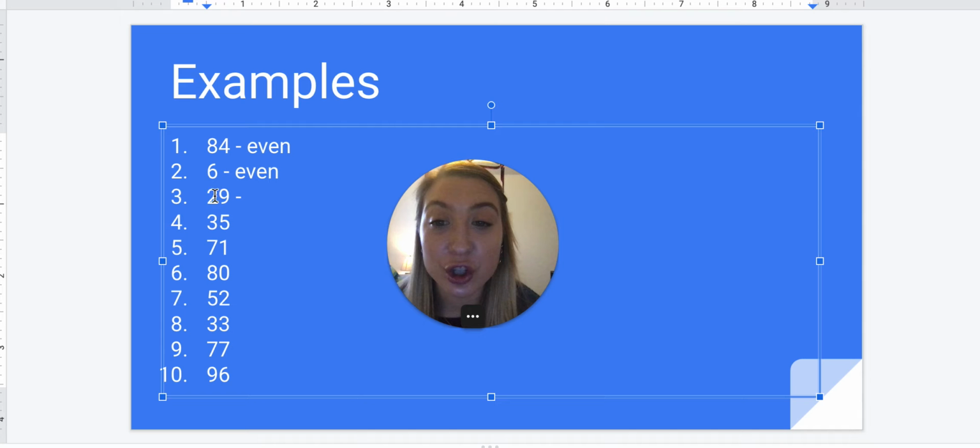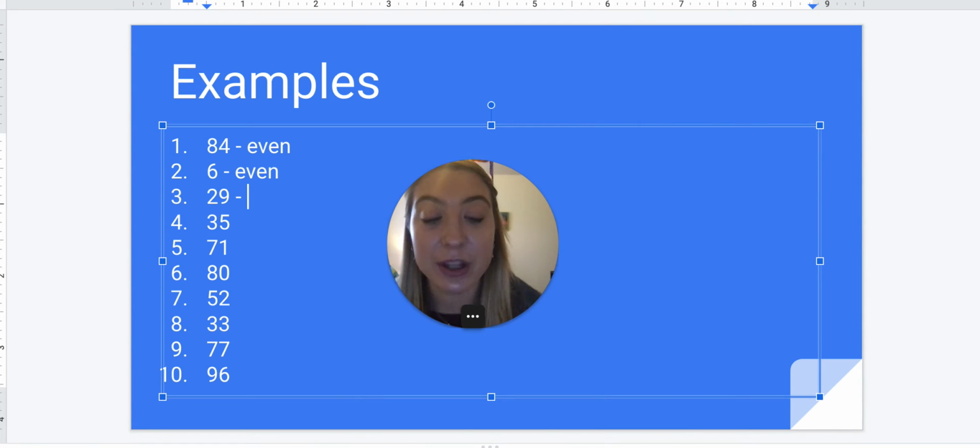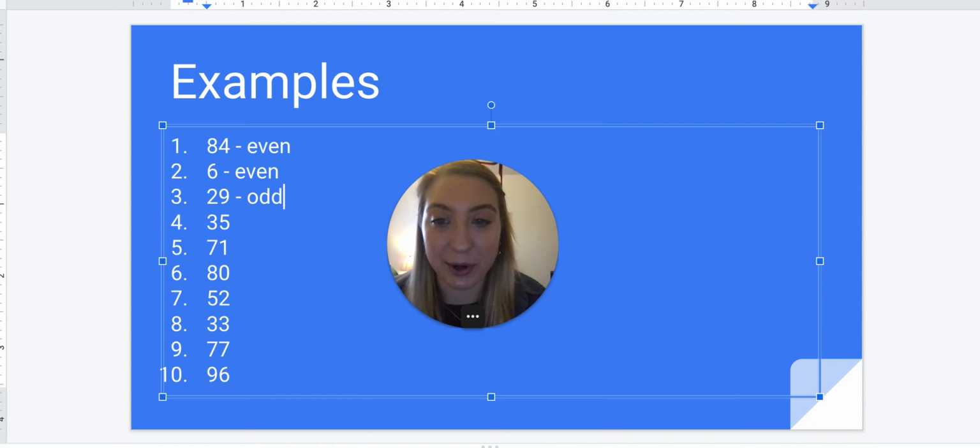So I see we have a 2 in our tens place, but we are not looking at the tens place. We want to look at the ones place. The 9 is my ones place. Is 9 going to be an even or an odd number? Remember, our odd numbers are 1, 3, 5, 7, or 9. So this would be an odd number.